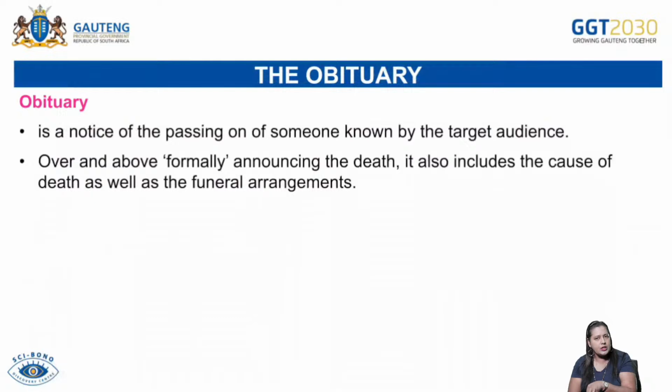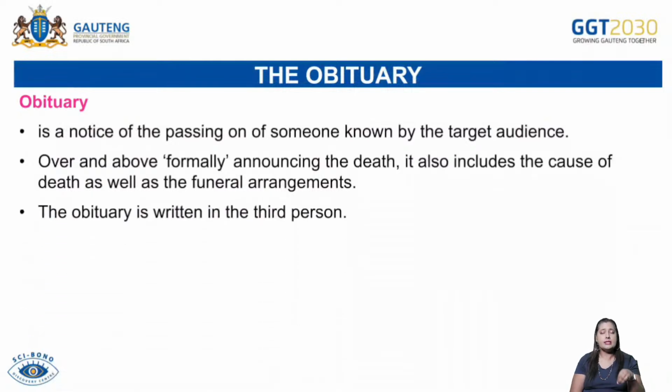You're going to have to include the cause of that person's passing on, as well as the funeral arrangements going forward from there. This is written in the third person because remember, you can't write your own obituary because you are still alive, right? So someone would be announcing the passing on of a person, in this instance. So third person.